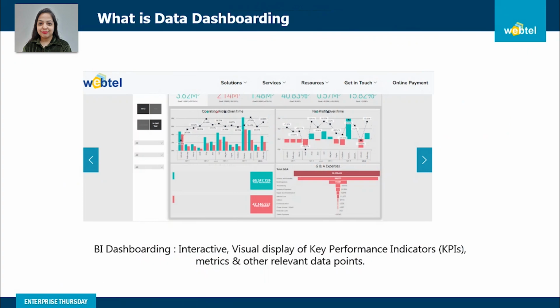It refers to the creation and utilization of interactive visual displays of KPIs, metrics, and other relevant data points. These dashboards provide a consolidated view of critical business information, facilitating quick and informed decision making processes. So, this is the meaning of data dashboarding.